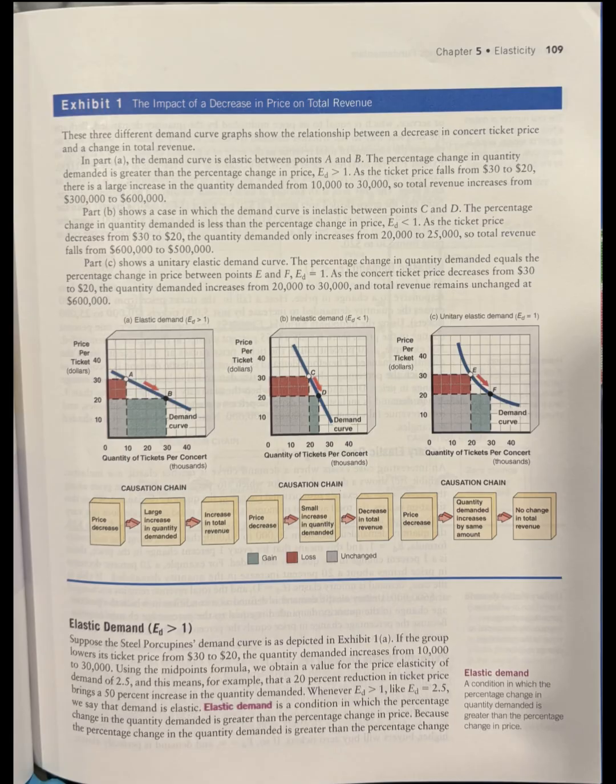Part B shows a case in which the demand curve is inelastic between points C and D. The percentage change in the quantity demanded is less than the percentage change in price. ED is less than 1. As the ticket price decreases from $30 to $20, the quantity demanded only increases from 20,000 to 25,000. So the total revenue falls from $600,000 to $500,000.